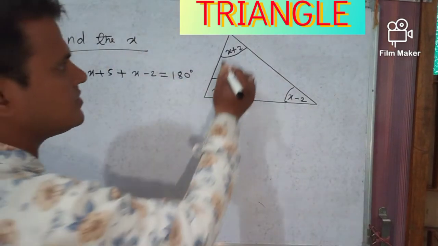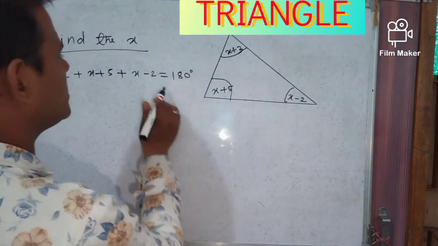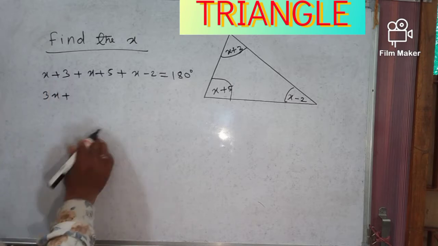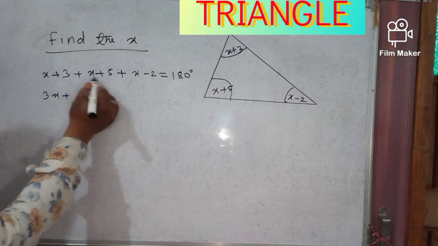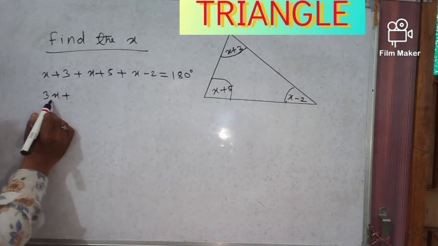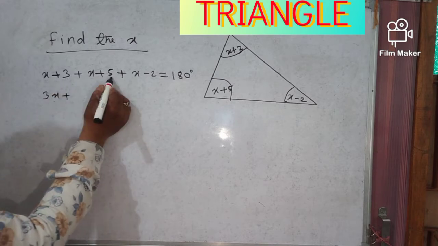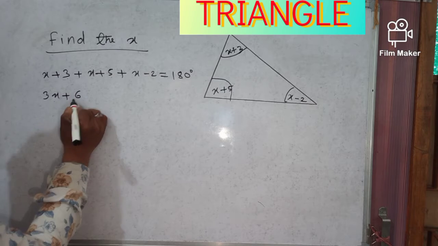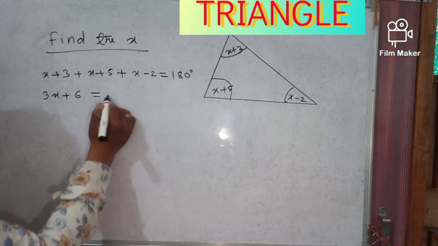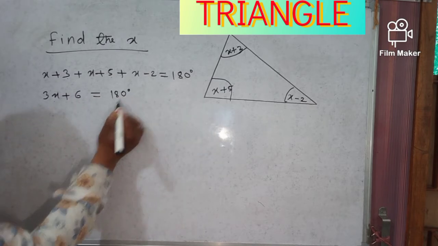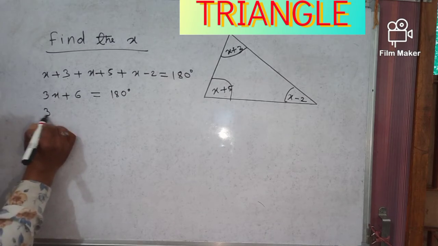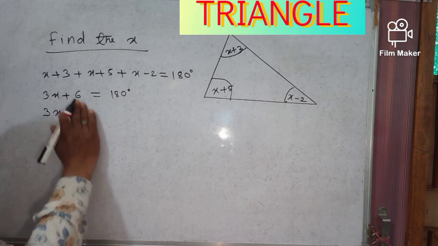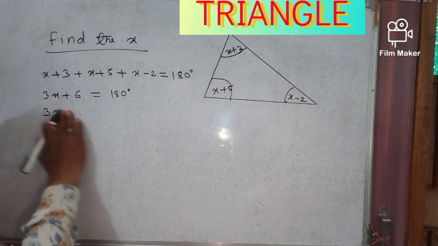Here it is given plus 3, so keep here plus 3. So x plus x is equal to 3x. 3 plus 5 is 8. 8 minus 2 is 6, equal to 180 degrees.